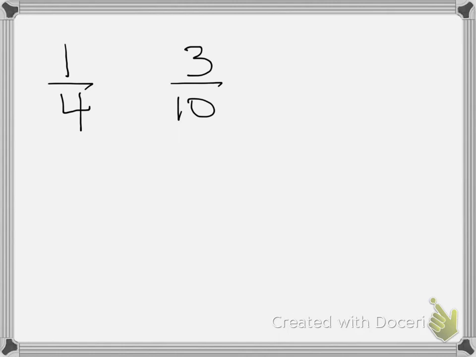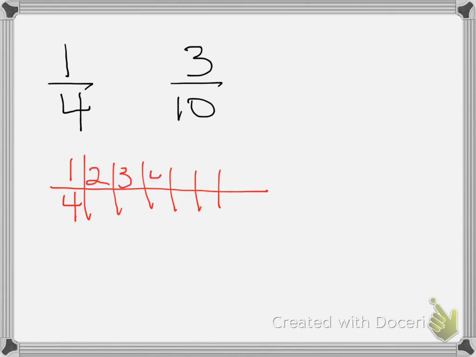Okay, so I'm going to take my 1/4 first, and I'm going to make my sideways t-chart with 1/4, and again count out maybe 5 or 6. So I've got 1, 2, 3, 4, 5, 6 right there. 4, 8, 12, 16, 20, 24. And then I'm going to do the same with 3/10.